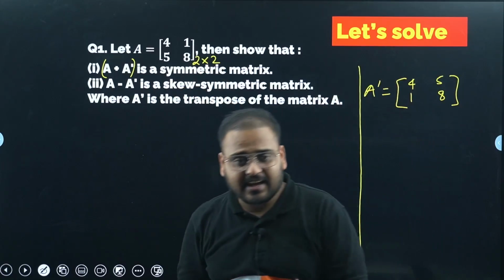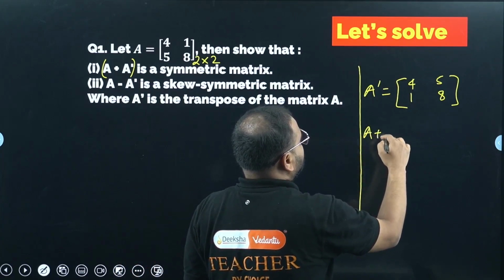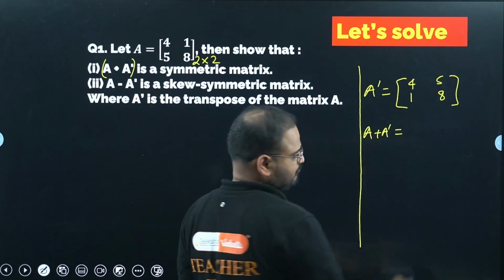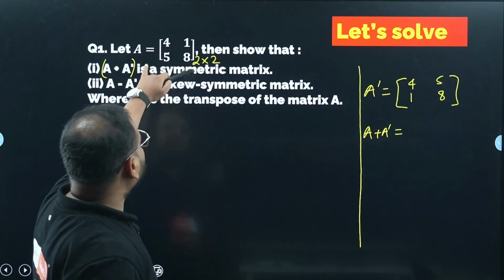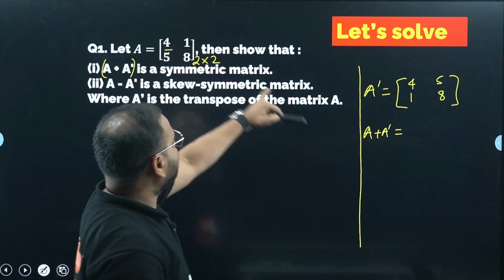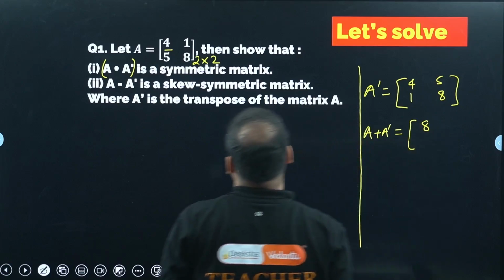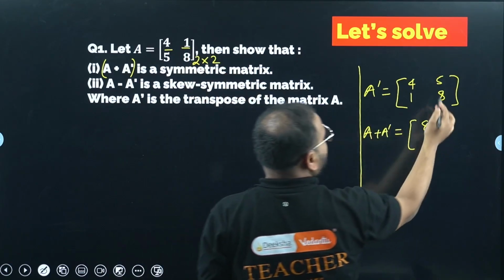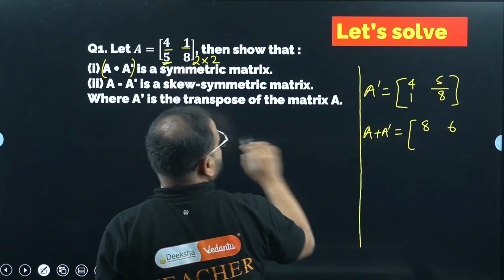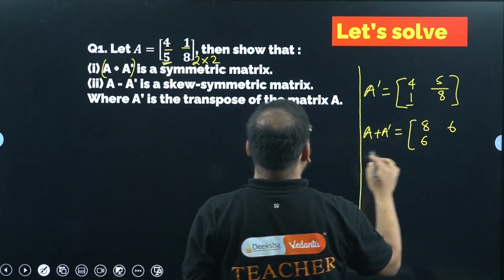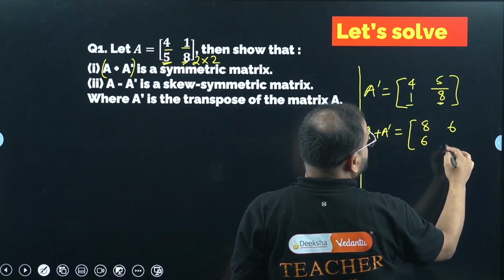Now check A plus A dash. First element: 4 plus 4 will be 8. Then 1 plus 5 will be 6. And 5 plus 1 will be 6. In the same way, 8 plus 8 will be 16.